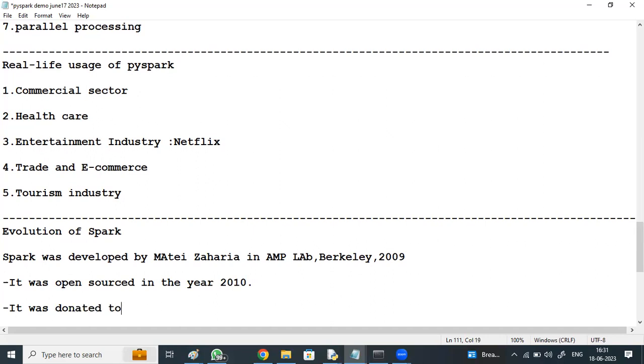It was donated to the Apache Software Foundation in the year 2013.